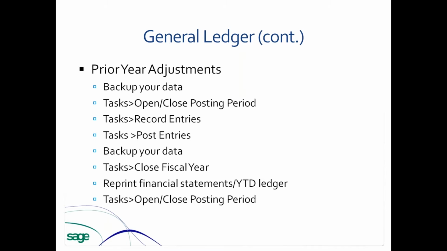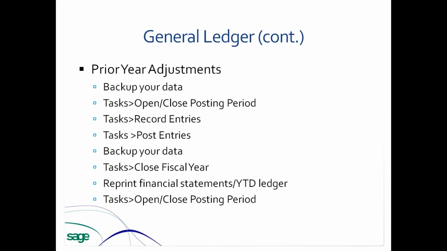Again, make a backup, and then you're going to open that period with tasks, open, close, posting period, and then you're going to go ahead and record the entry, post the entry, make another backup of your data, and then you're going to close the year again so that it closes whatever those adjustments were back to retained earnings.